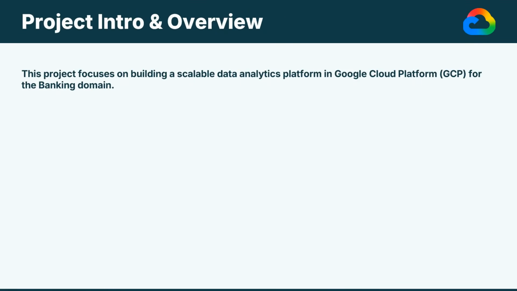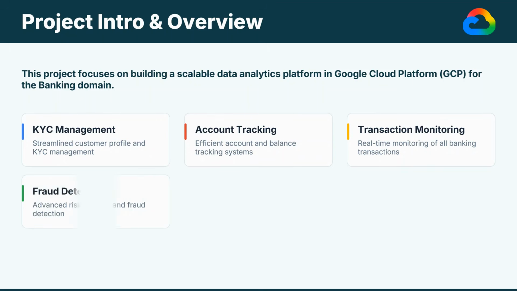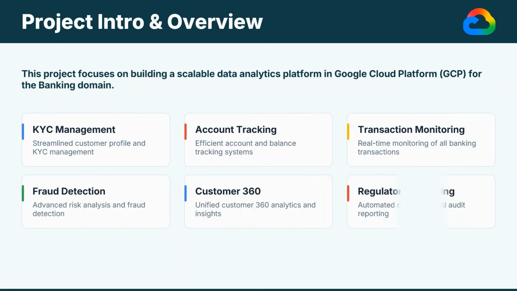Now, first of all, we will understand what this project is. In this project, we are going to focus on building a scalable data analytics platform on top of the Google Cloud Platform for the banking domain. When you look at banks, there are multiple operations, such as KYC management, account tracking, real-time transaction monitoring, fraud detection, customer 360, and regulatory reporting.